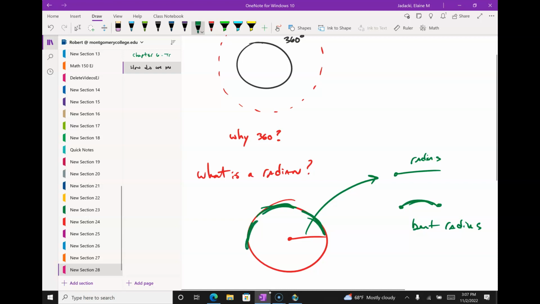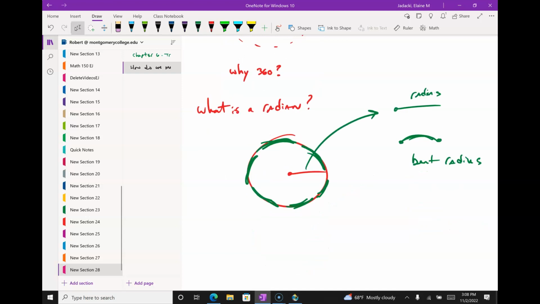How many times does it hit? More than 6. Nope, less than 12. How many radii fit around the circle?